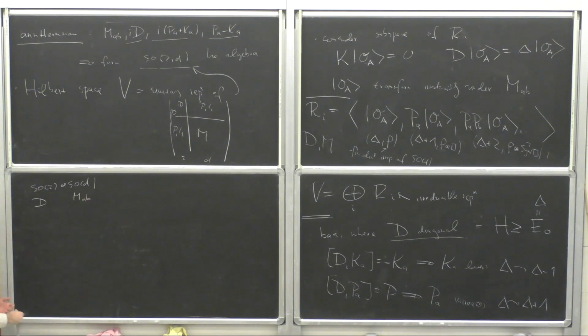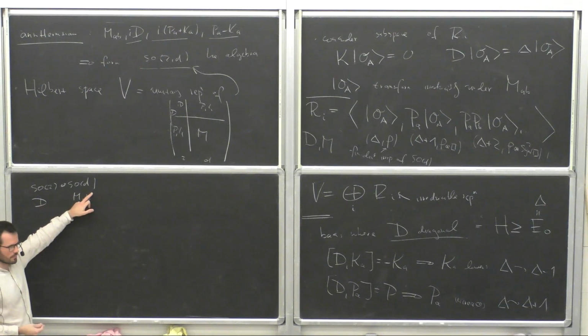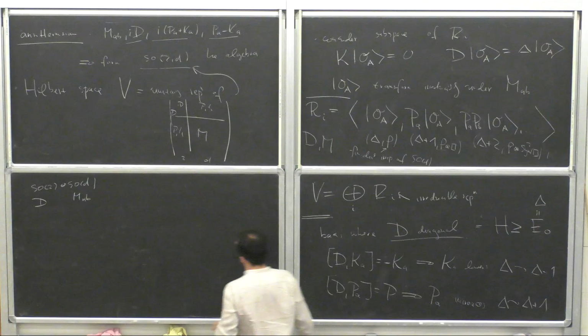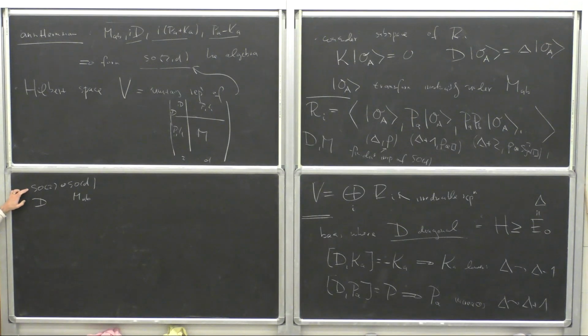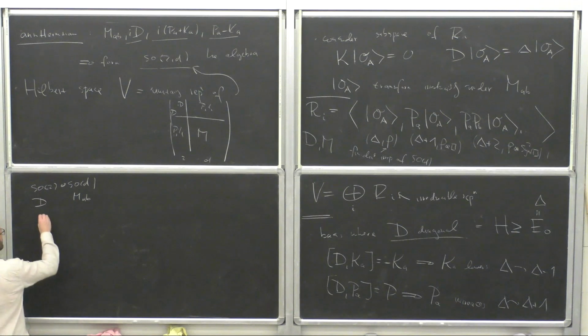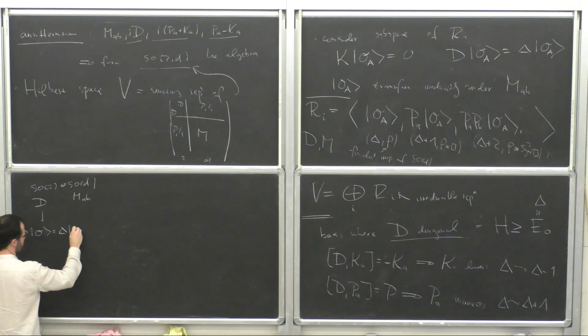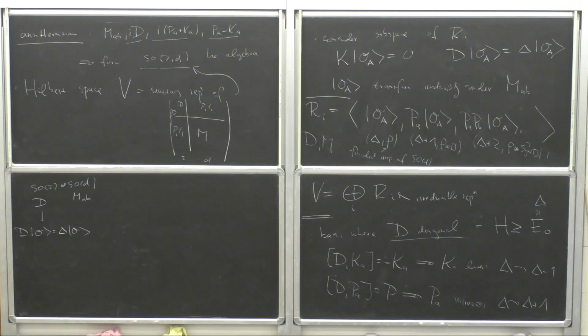And now the lowest weight vectors are themselves a representation of a subalgebra, which is this SO2 plus SOD, generated by D and MAB. So first of all, we should pick an irreducible representation of SO2 times SOD. That's going to be our set of lowest weight vectors. An irreducible representation of SO2 is just one-dimensional, and it's labeled by the number delta. So it just means that D acting on our vector is delta times the vector.